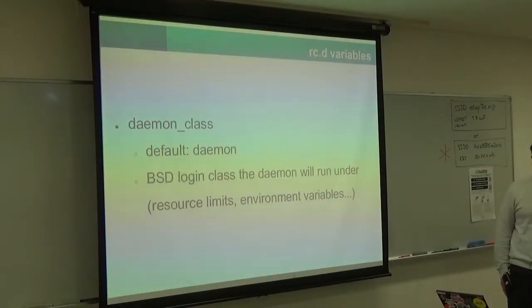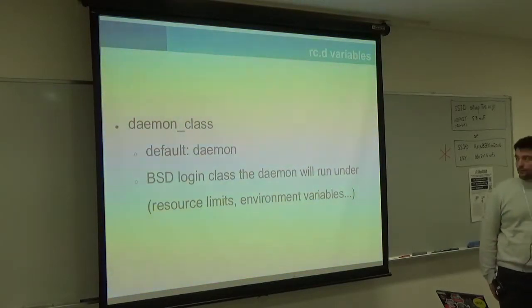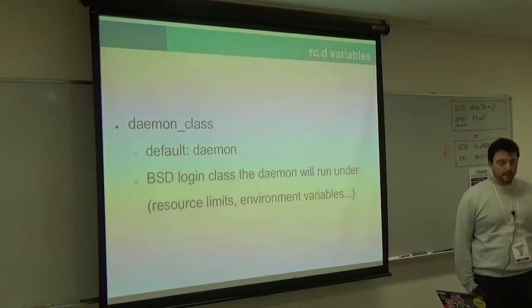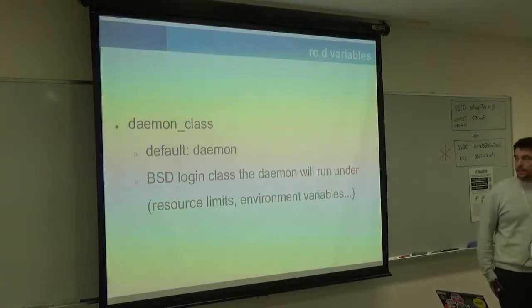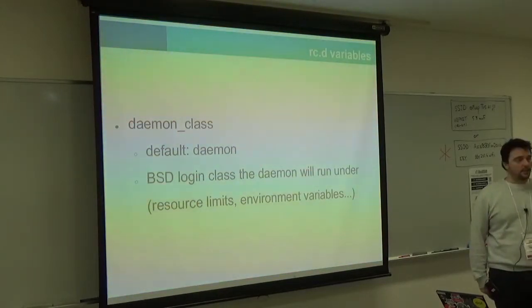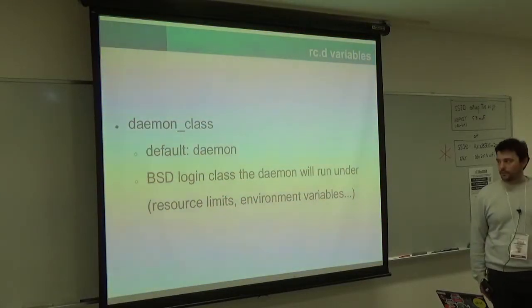There's a few variables that we use to interact with daemons. First one is daemon_class. Its value defaults to daemon. And that represents the BSD login class that the daemon will run under.